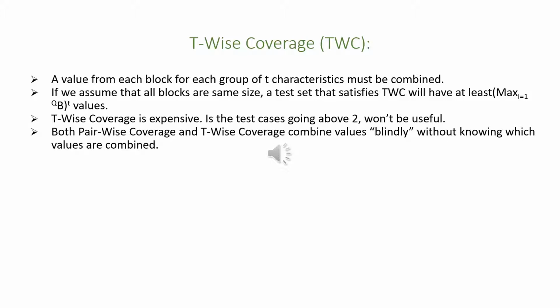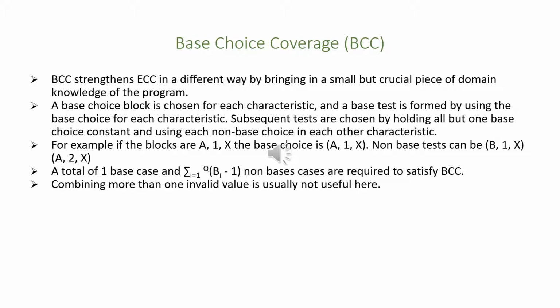Is the test case going above 2? That won't be helpful. Both pairwise coverage and T-wise coverage combine blindly without knowing which values are combined. Next strategy: base choice coverage. Base choice coverage strengthens each choice coverage in a different way by bringing in a small but crucial piece of domain knowledge of the program.